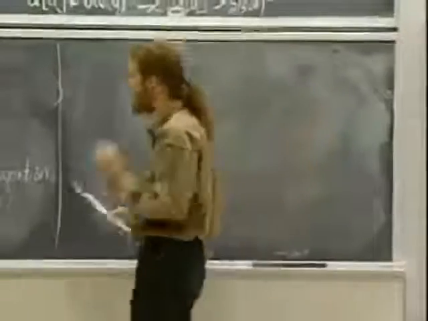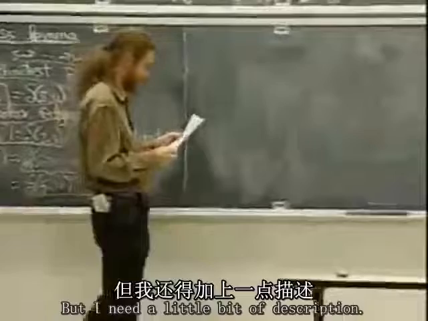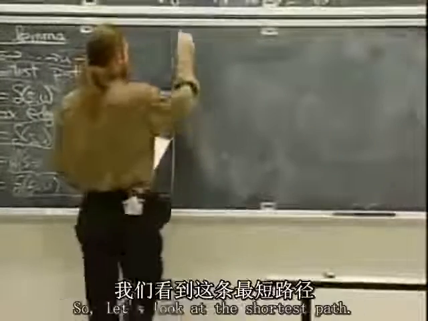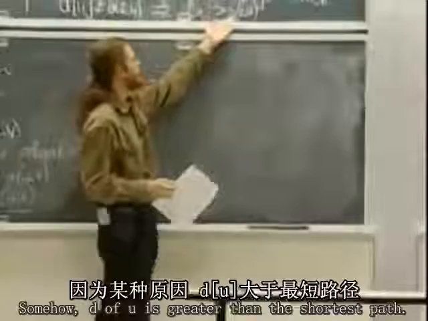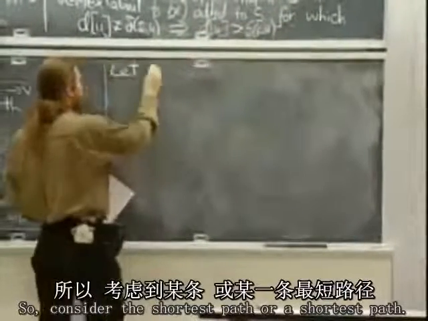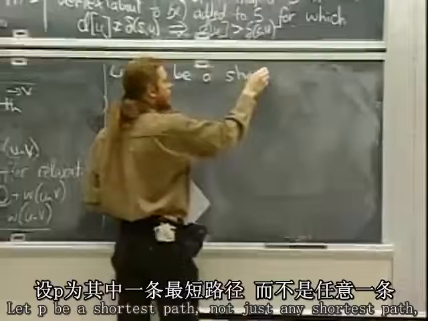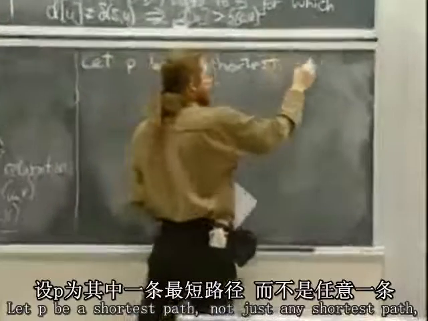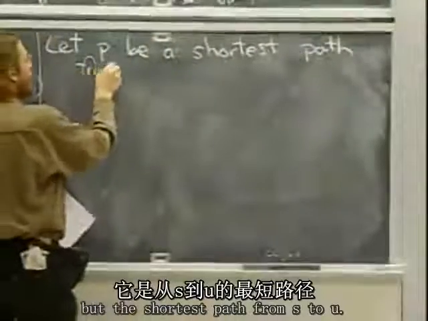So I sort of just want to draw a picture of what's going on, but I need a little bit of description. So let's look at the shortest path. Somehow d of u is greater than the shortest path. So consider the shortest path, or a shortest path. Let p be a shortest path, not just any path, but the shortest path from s to u.